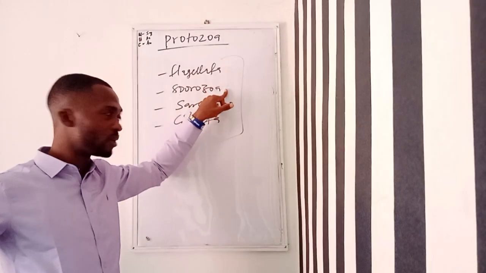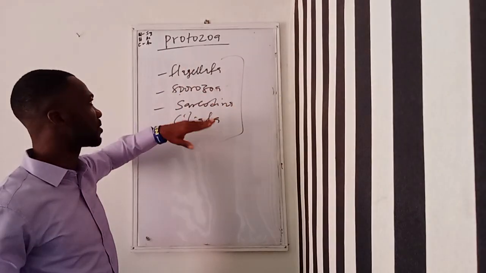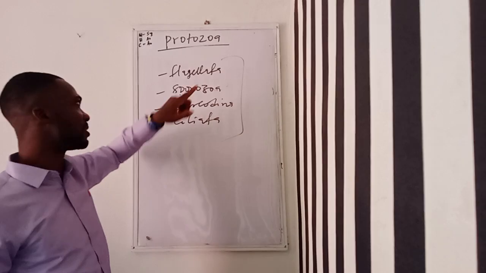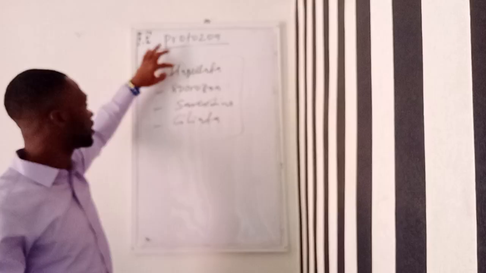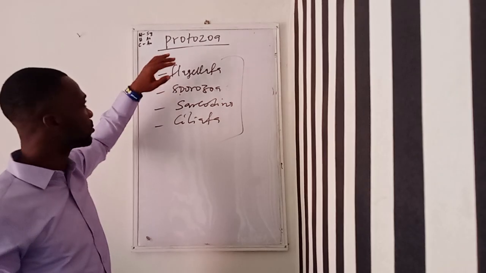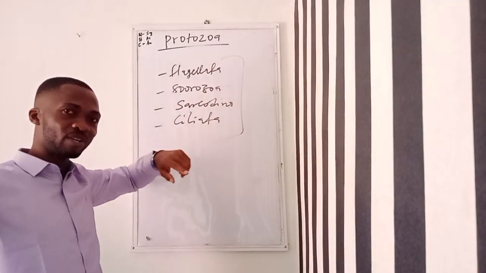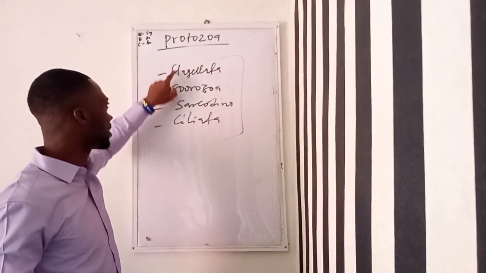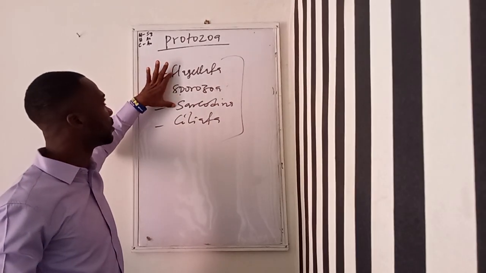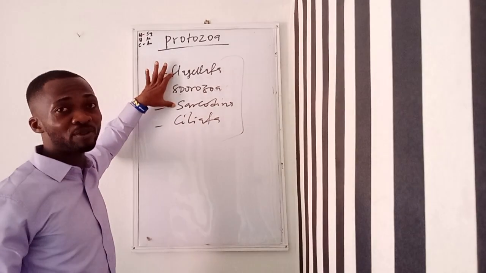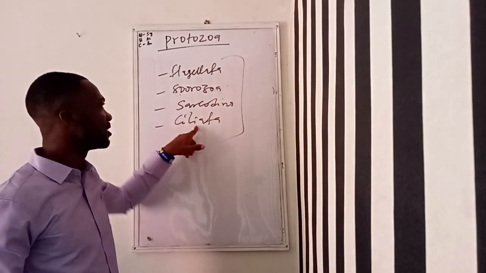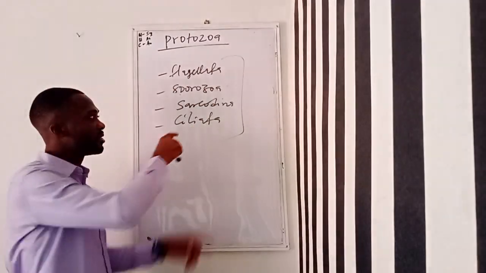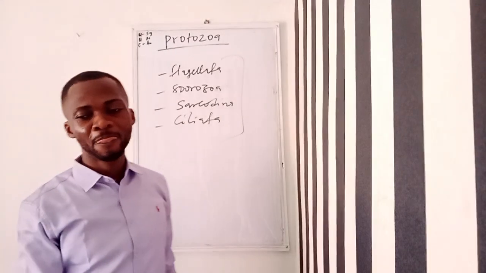So if we're using this classification, you replace Epicomplexia with Sporozoa. Then Mastigophora we divide into two. Remember I told you that Mastigophora is also called flagellata, so this is flagellata, this is sarcodina. These two have replaced Mastigophora. Then Ciliophora was replaced by Ciliata.